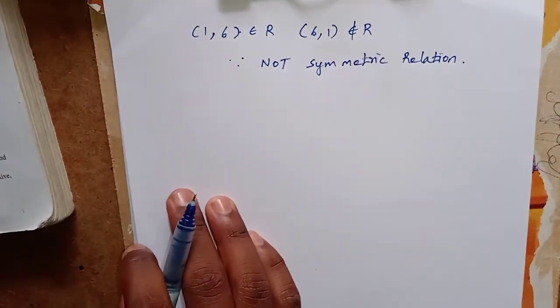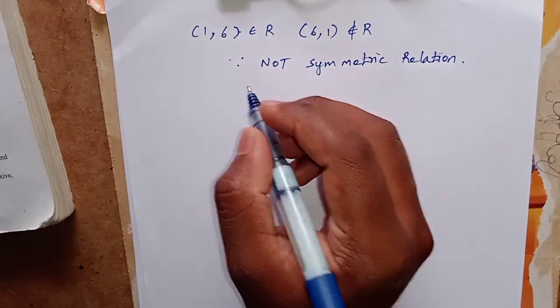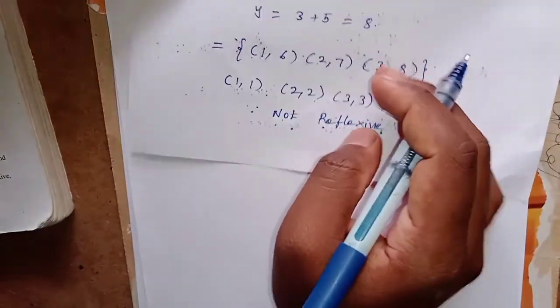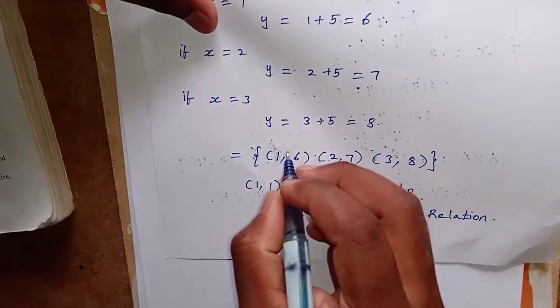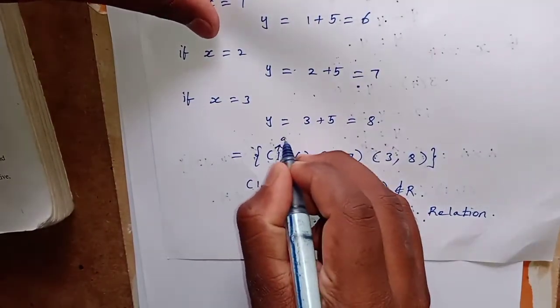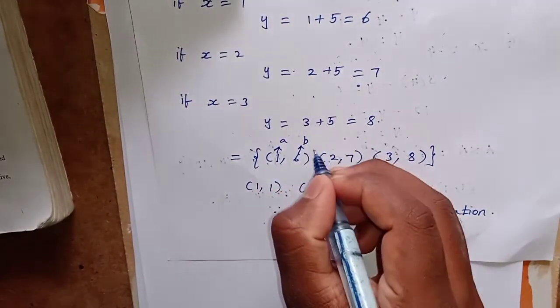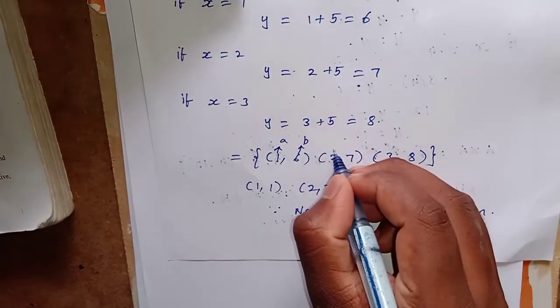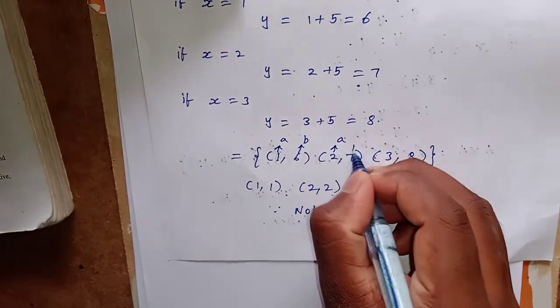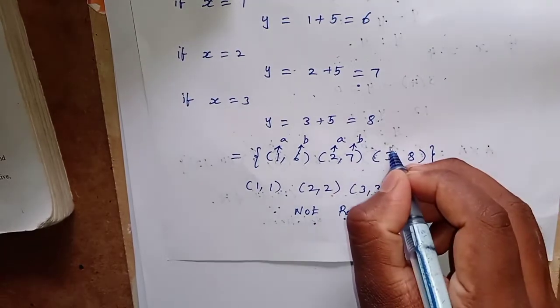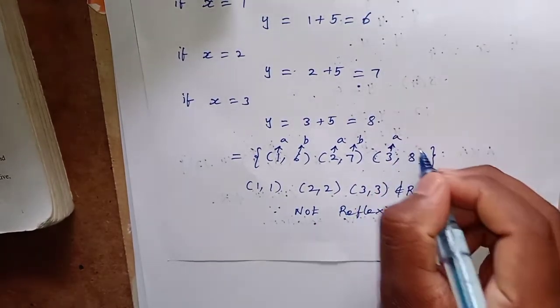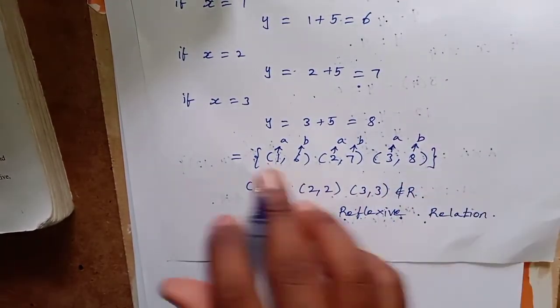Last, transitive. For checking transitive, here it is (A, B). Here it is (A, B). Here last one (A, B).